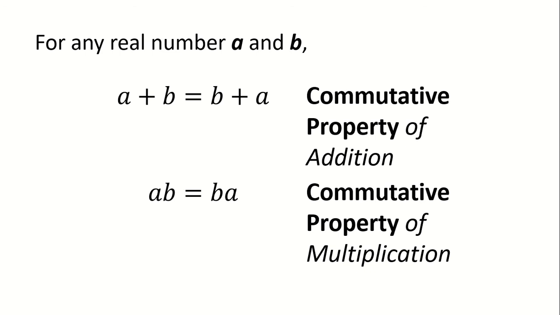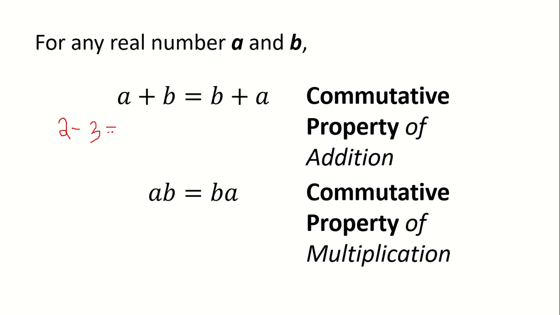Sir, how about if it's subtraction or division? To answer that, they are not commutative. Why are they not commutative? If we recall from our lesson, let's say you have 2 minus 3.